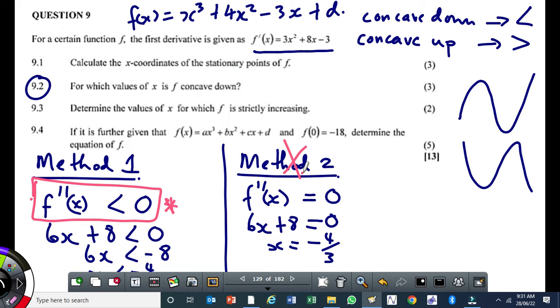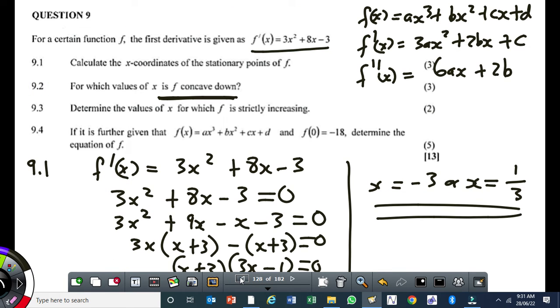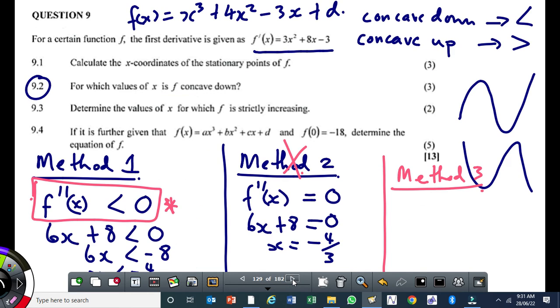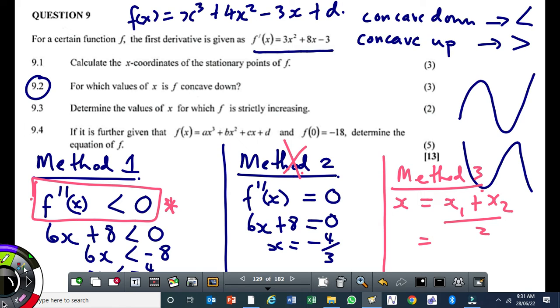Okay? Method 3. Method 3 is to use the x values which I got here, those x values at the point of inflection. If I find their average, it will be equal to the x value at the point of inflection. So the x value at the point of inflection will be equal to x1 plus x2 all over 2. I hope you know this. Do you remember this?